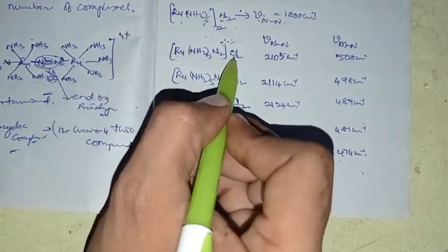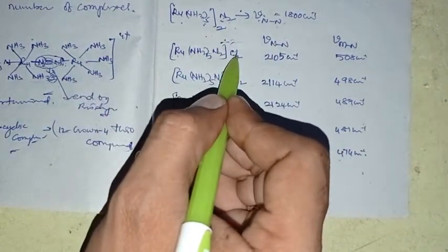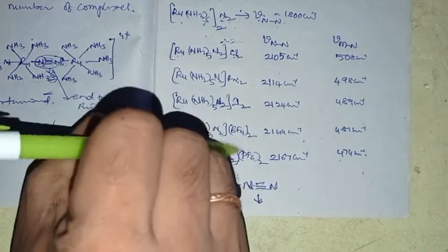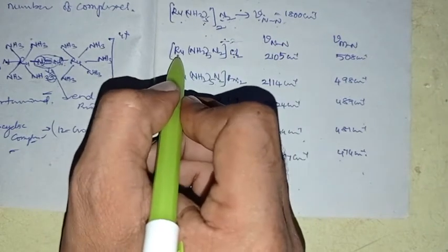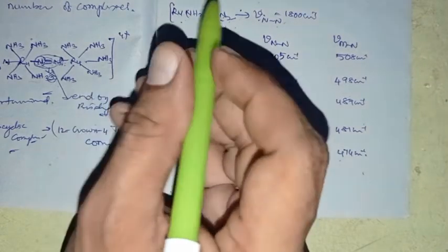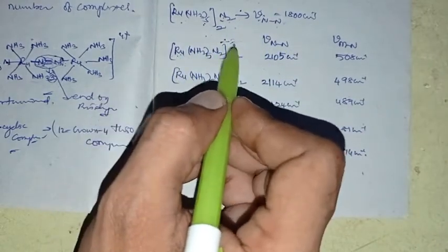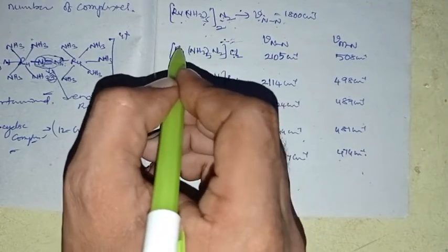Why? Because chlorine is highly electronegative compared to all the others, and its size is smaller than in all the other complexes, so chlorine polarizes the ruthenium to a very high extent. It has closer bonding with ruthenium, so it can grab the two electrons.